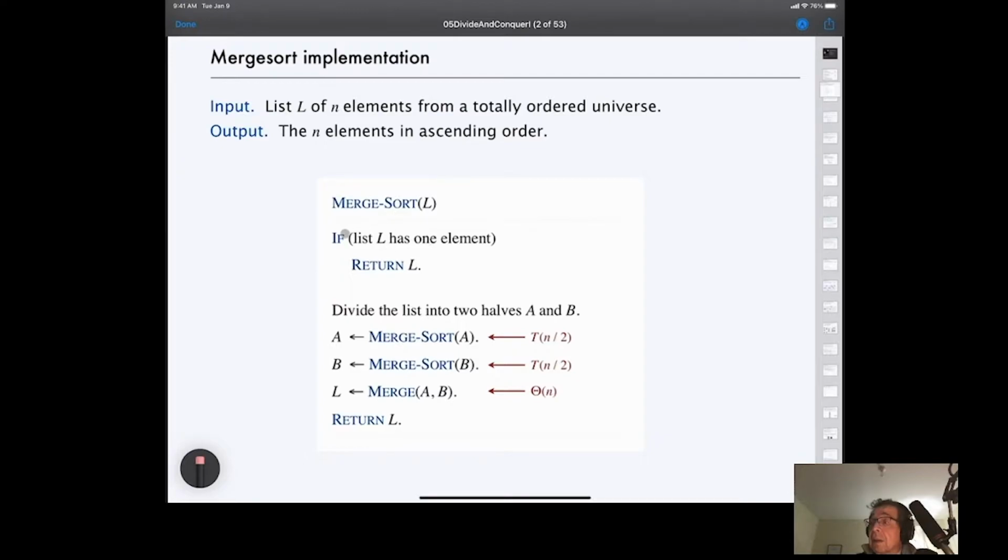So if we pass this test, if we still have something to sort, I mean, if it has more than one element, then this statement will not be executed, and we get directly into dividing the list into two halves, A and B, and these two halves are submitted immediately to merge sort itself.